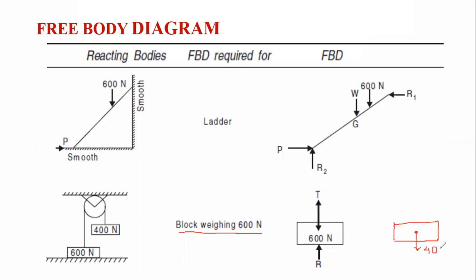Now this block is not resting over the floor, so there will not be any reaction, but it is connected with the string over here, so we have to consider the tension developing inside the string. The tension in the string will be shown over here like this. This is nothing but the free body diagram of this 400 Newton block.